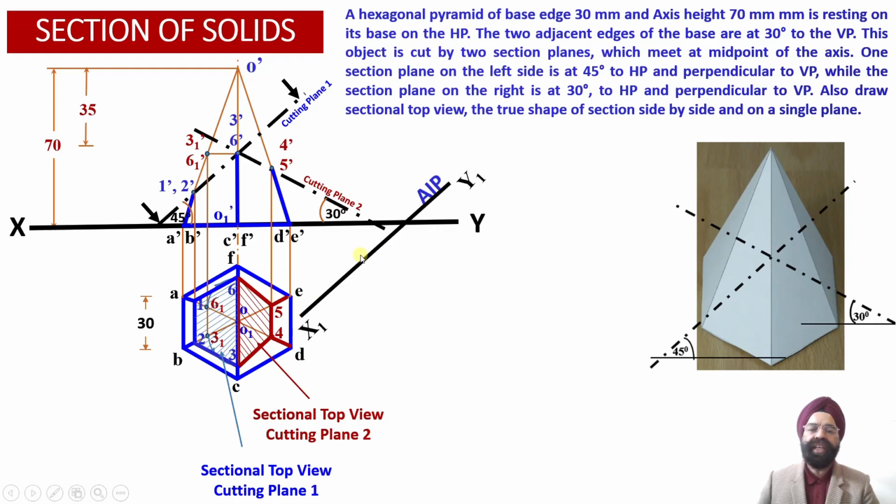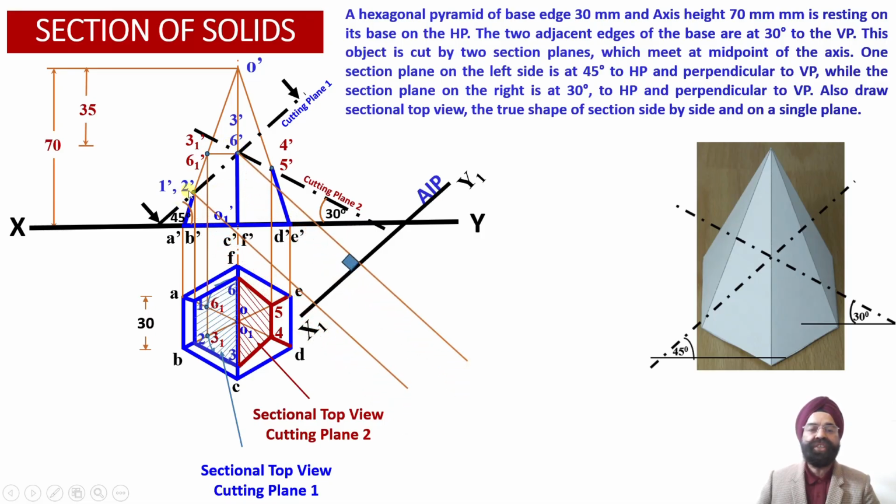This auxiliary inclined plane x1, y1 has been drawn parallel to the cutting plane number 1, that is, parallel to the 1 dash, 2 dash, 3 dash and 6 dash cut section.